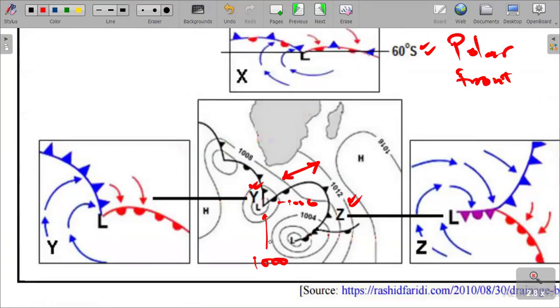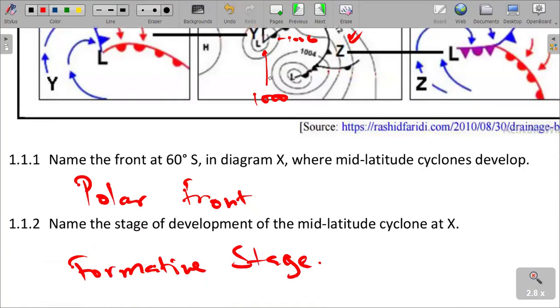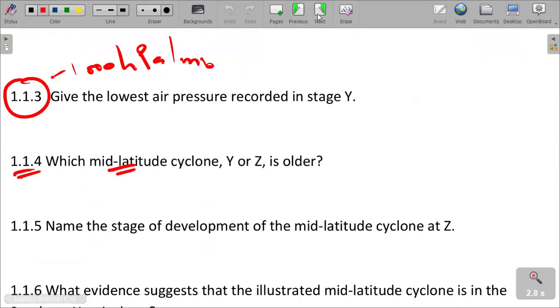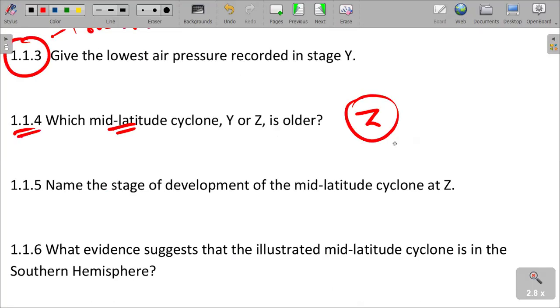If you check the stages of cyclone development, you see that it is Z that explains an older stage in terms of cyclone development. You just need to look at the pictures of the various stages of mid-latitude cyclone development.